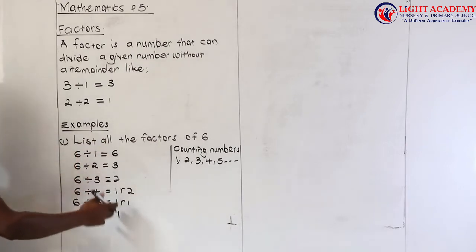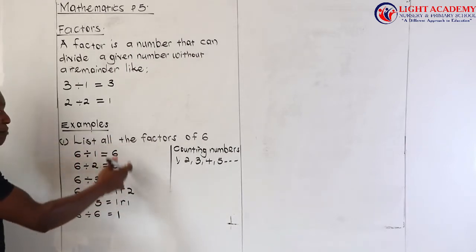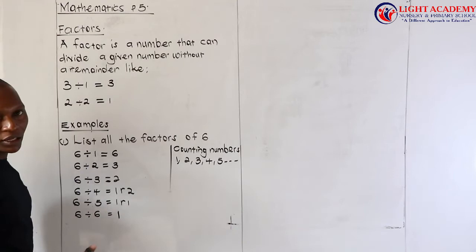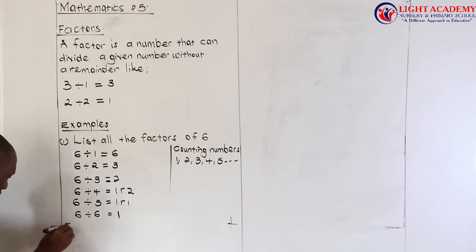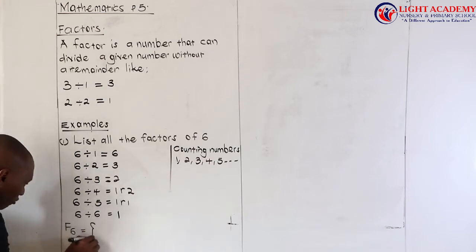Then I will pick from my answers the numbers that have not given me a remainder, and they will be the factors of 6. So I will say that factors of 6, which is written as F6, shall be equal to, I can just list them, or I can put them in a set form.